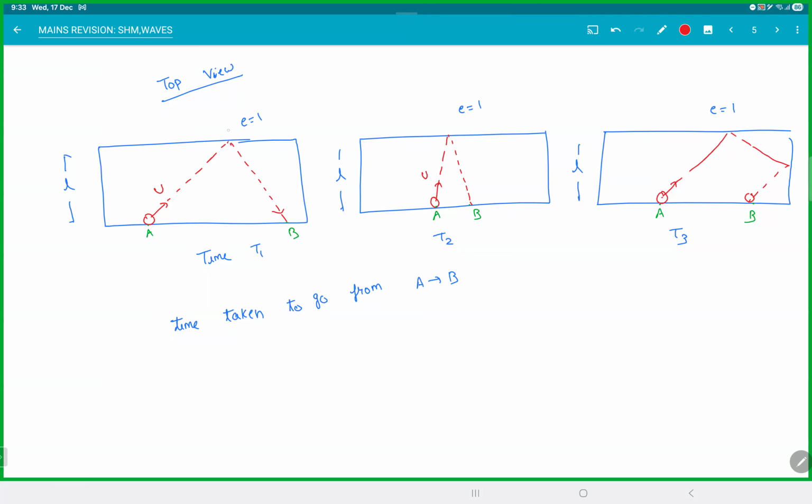I missed out on something. This is theta. This is theta. The angles of this thing is same. You need that. Second picture. Or should I draw this? I drew something wrong here. Okay, let's compare T1, T3.